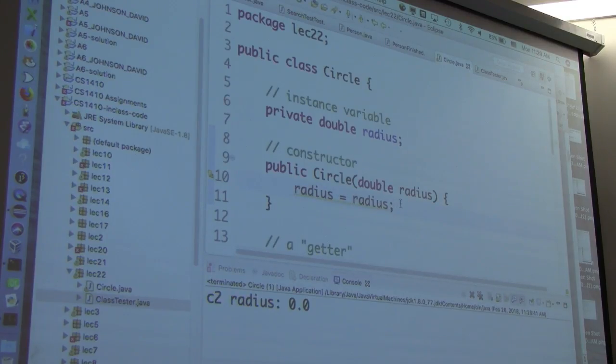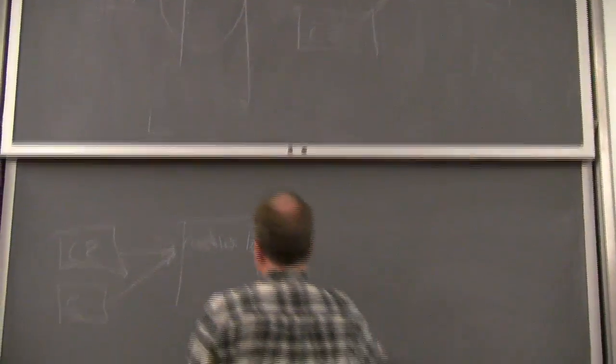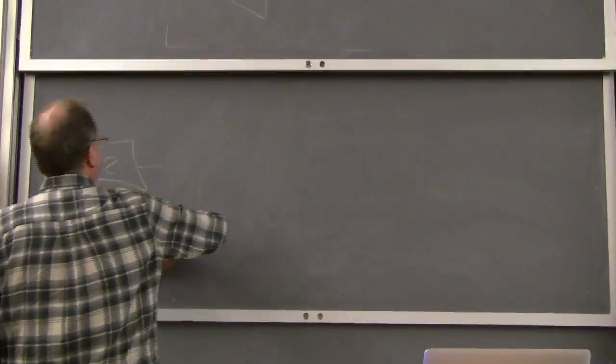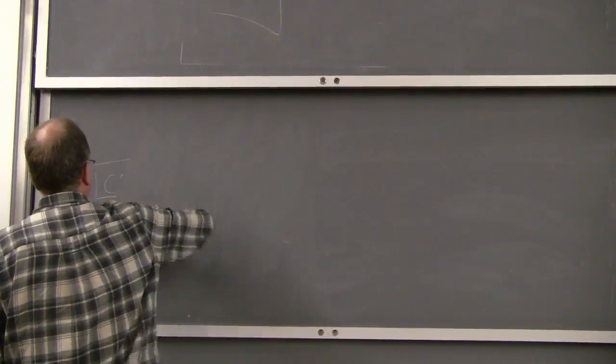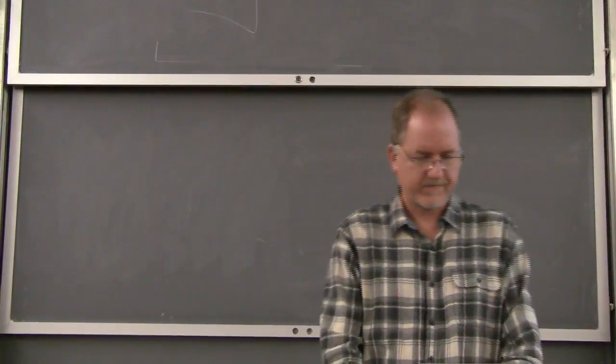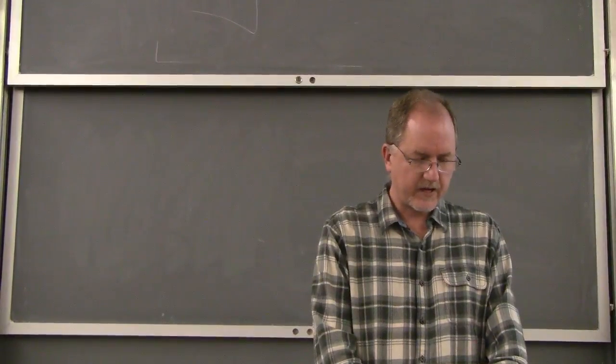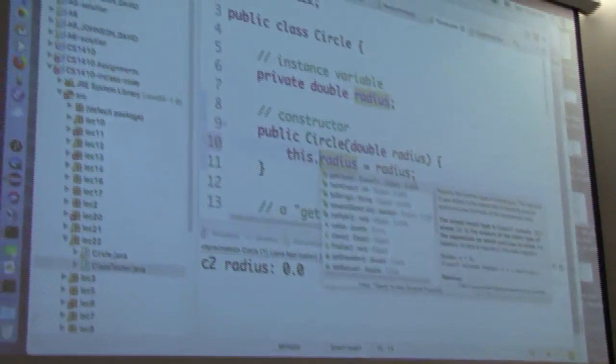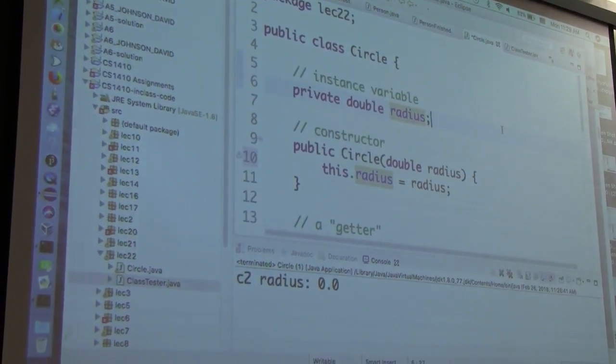So then the other question is, if you are allowed to do this, what can we do about it? There is a way to say when something is an instance variable, and when something is local. So there's a keyword called this, and this causes no end of problems.